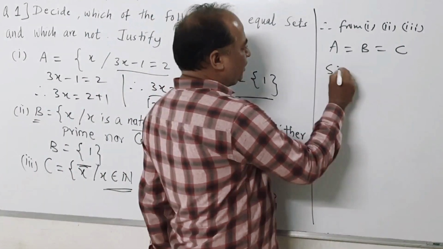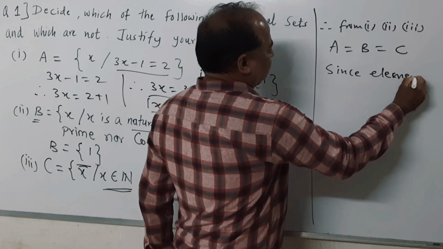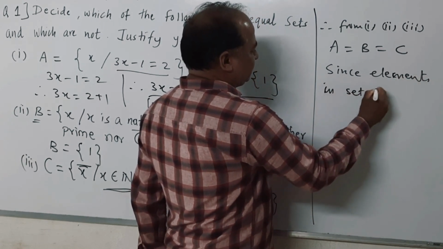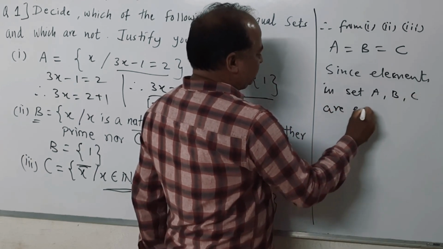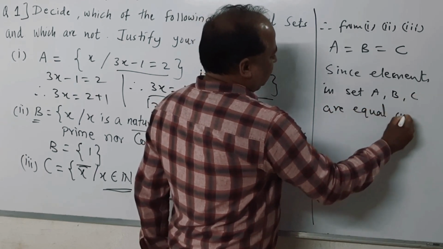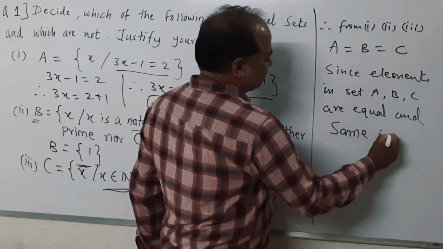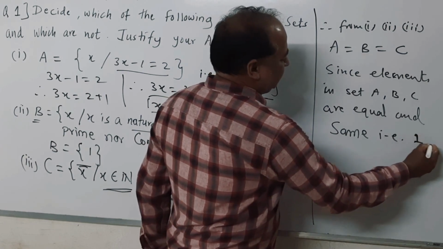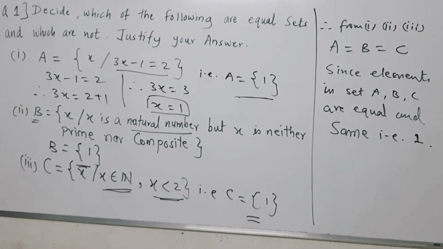Since elements in sets A, B, C are equal and they are the same, that is 1 is the element in sets A, B, C. Hence all three sets are equal.